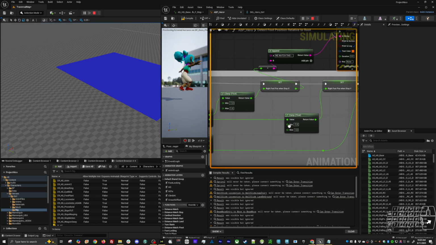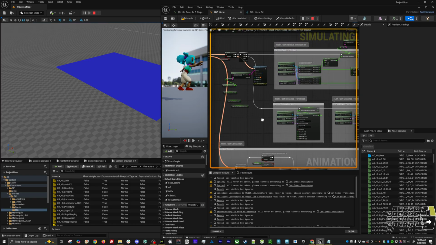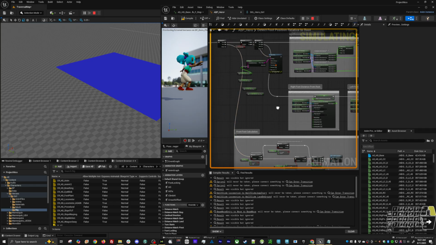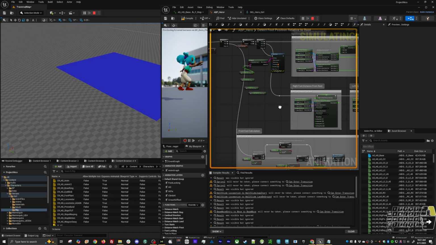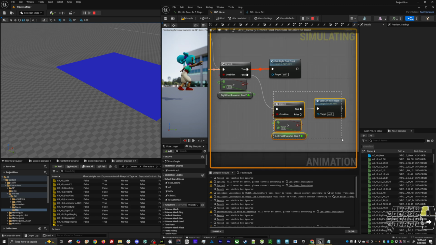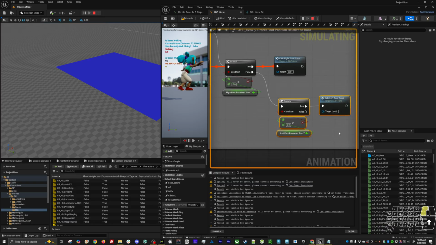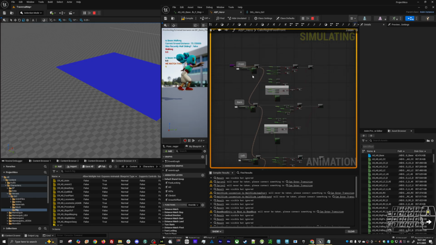Okay. So let's come here. We're going to look at this calculate right foot front. So it looks like I've got a calculation for if the left foot is in front also. Okay, so calculate right foot front.